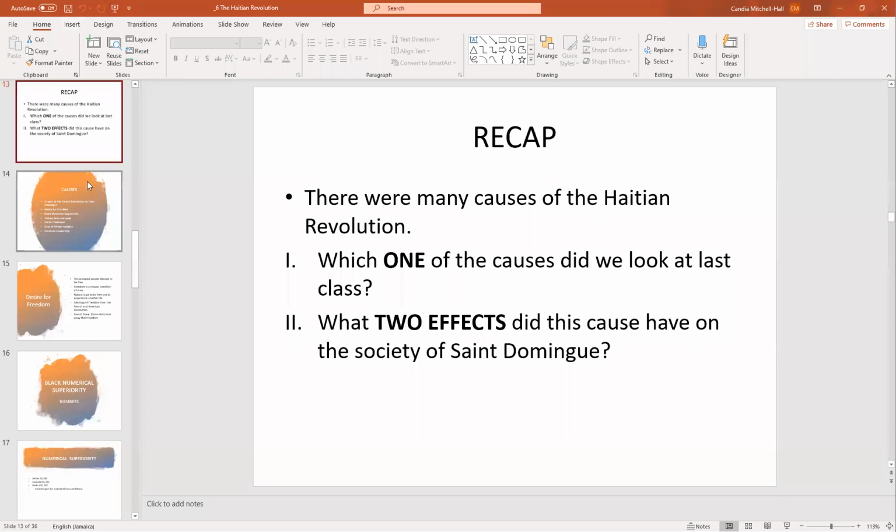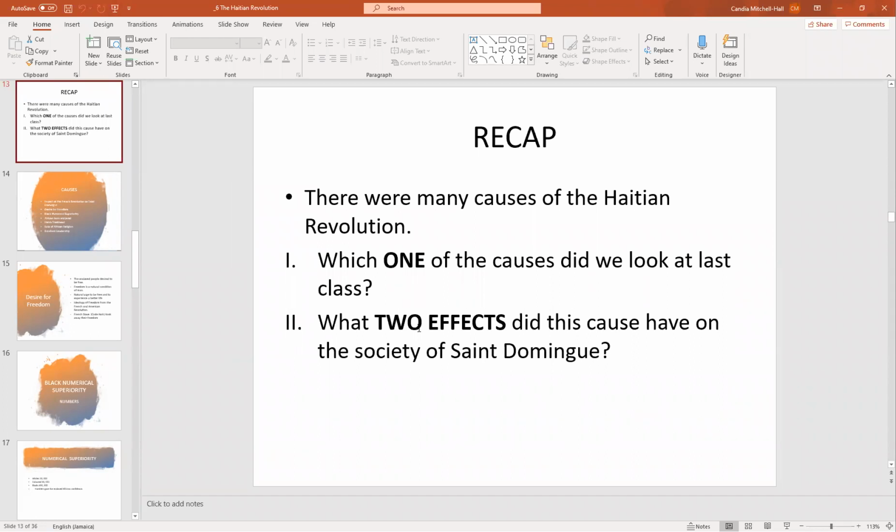The question I asked is, what were the ideas from the French Revolution that had an impact on Saint-Domingue? Sir, liberty, fraternity, and equality.